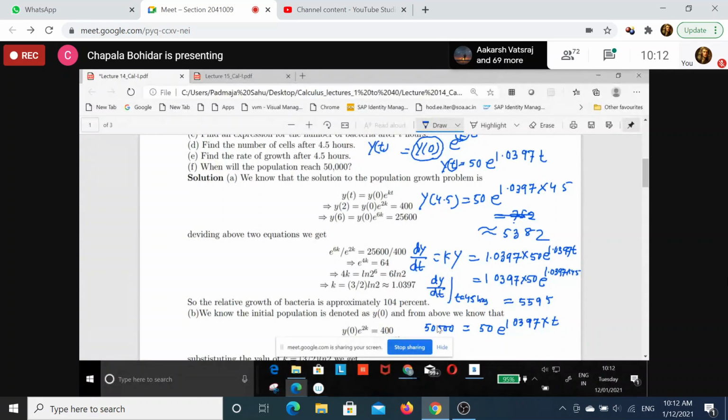Clear? Then you have to find out the value of t, which is 6.64 hours.